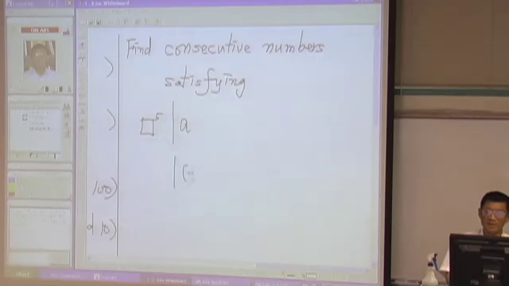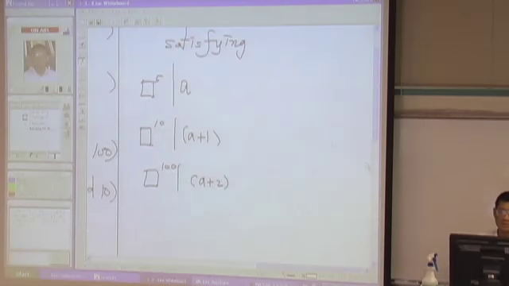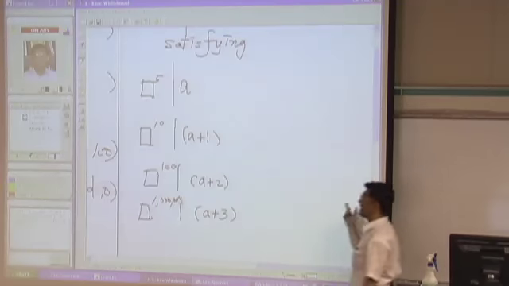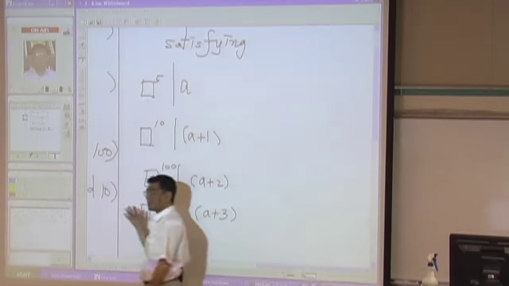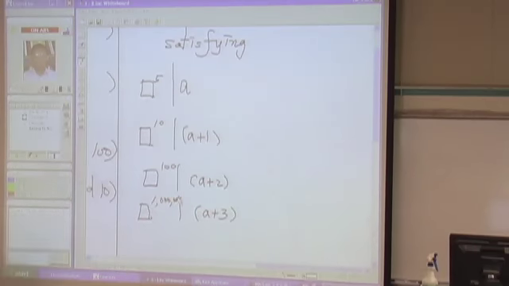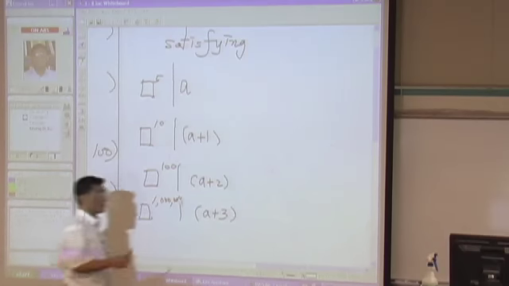And then the next number, A plus 1, is divided by something to the power of 10. And the next thing, A plus 2, is divided by something to the power of 100. And then, I will use bigger power. So the next number is divided by something to the power of 1 million. So assume that you are asked to find this kind of thing, then automatically you can convert these things into the Chinese remainder theorem. So let's do it.